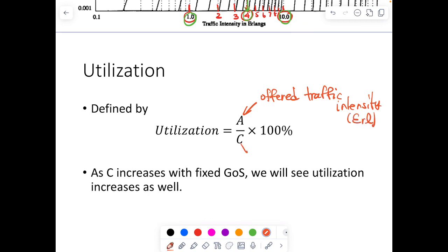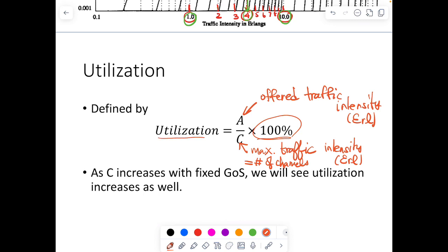Okay, this is the maximum traffic intensity in Erlang as well, right? And this is also equal to the number of channels, right? So each channel provides maximum traffic intensity of one Erlang, right? And then we convert it to 100%.